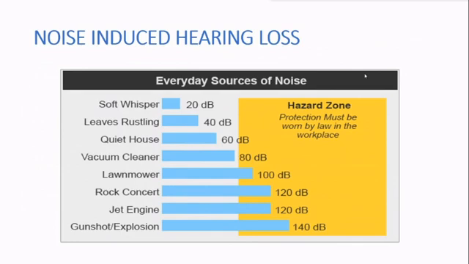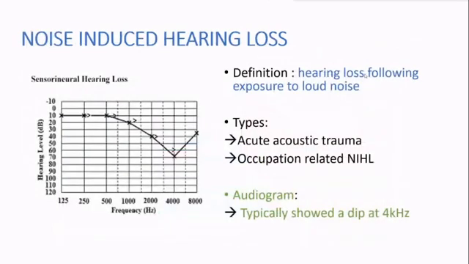Imagine a gunshot or explosion. For noise-induced hearing loss, when we give you a pure tone audiogram which looks like this, there's a dip at 4 kilohertz. So the first thing that you have to think of, the most possible diagnosis, is noise-induced hearing loss.